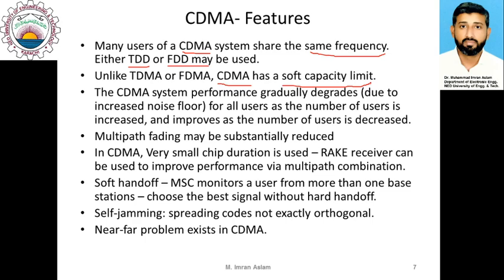What happens when we are using a CDMA system, and we add more users to that particular system, is that those users would increase the noise floor for all users. So addition of users results in an increase of the noise floor, and eventually at some instance the number of users increases to such a level that the noise floor becomes so high that it cannot be tolerated, so we cannot add more users.